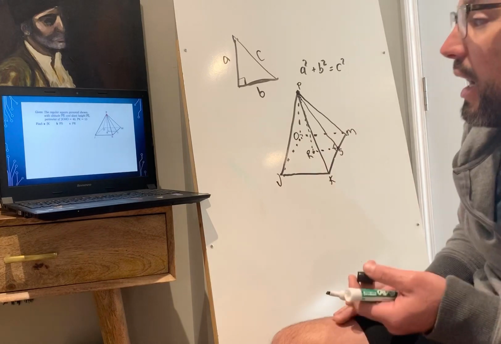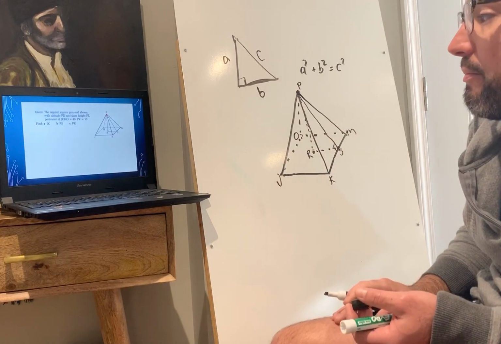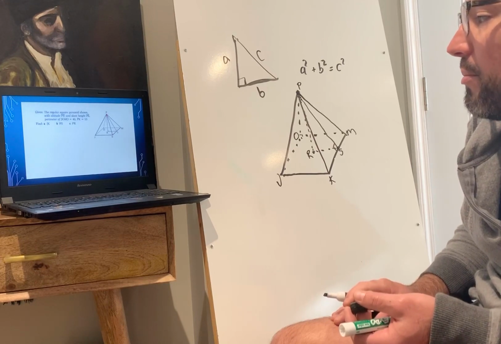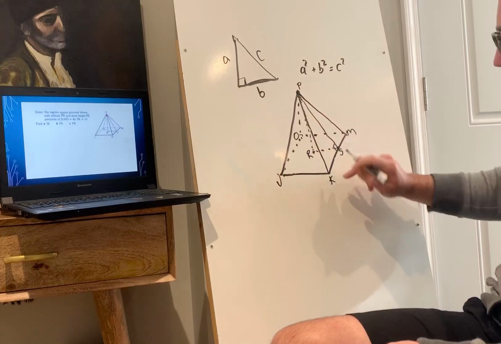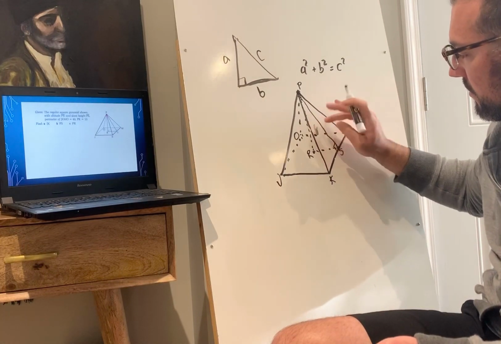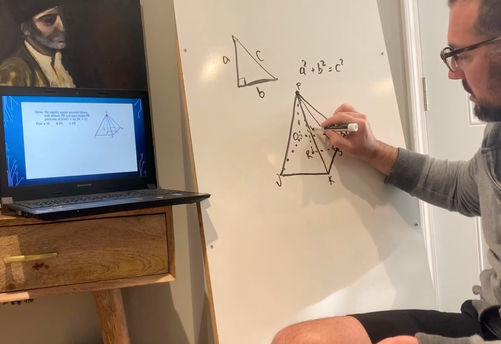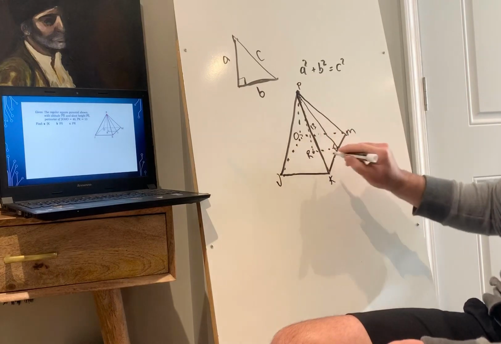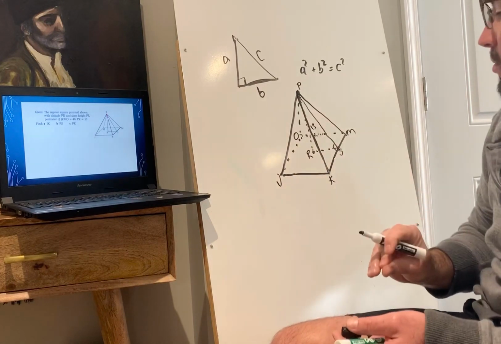What do we need to find? Let's see. PK is 13. So it's given that PK is 13, right? All right, this side here is 13. Edge.